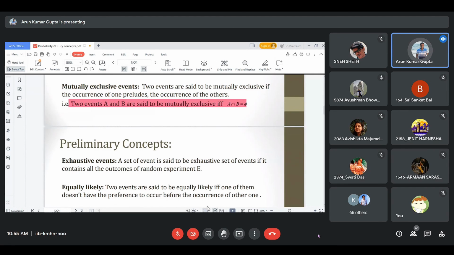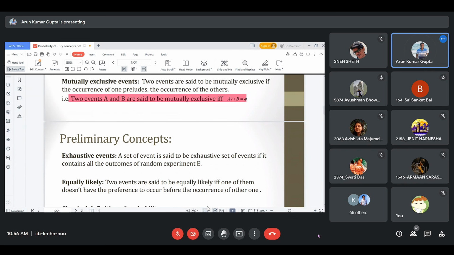That means each event has the same number of possibilities of occurrence. For example, if you toss a fair coin, the chances of getting head and tail are equal. It is a case of equally likely. If you roll a die, the chances of getting each face is 1 by 6, equally likely. Understood?